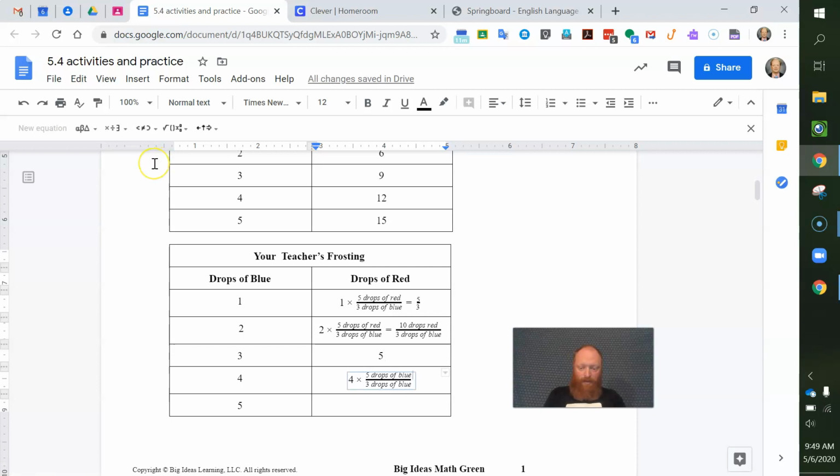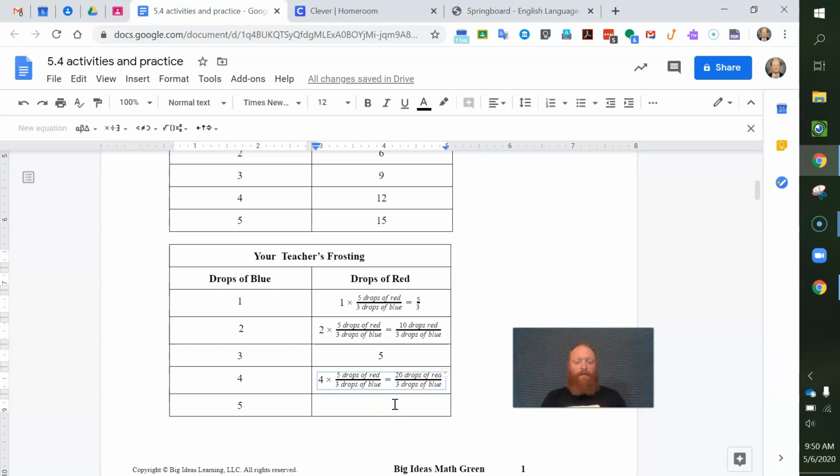This one isn't blue, this one is red. And that is equal to, well, 4 times 5 is 20. 20 drops of red over 3 drops of blue.